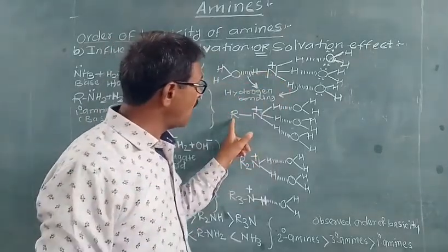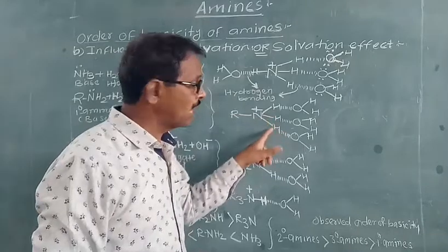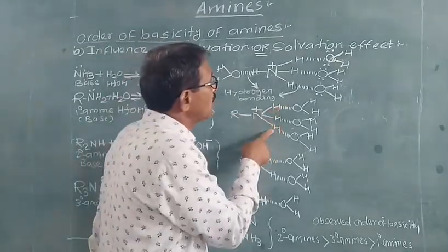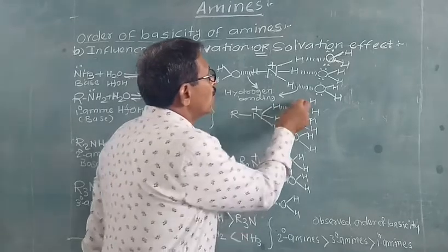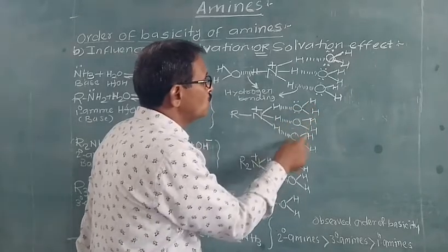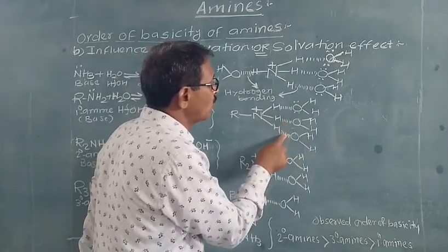Now in RNH3+, there are 3 hydrogen atoms. These 3 hydrogen atoms combine with 3 water molecules, H2O, H2O, H2O, and there is a weak bond formation, that is hydrogen bonding.